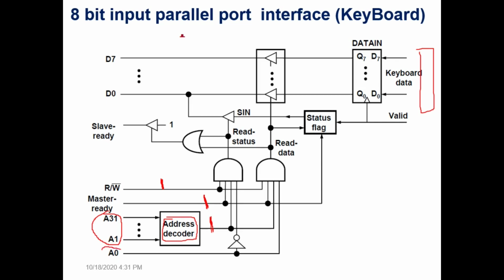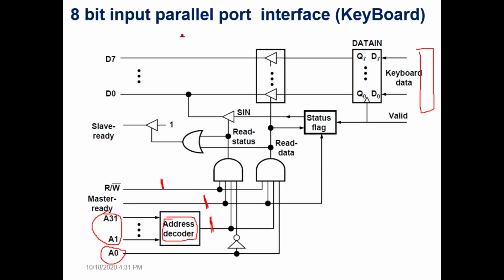Now the 1 bit in the address lines, that is A0, is used by the processor to indicate to the interface circuit whether the processor wants to read the status or read the data. So based on the A0 value, either the first AND gate's output will be 1, or the second AND gate's output will be 1. That is because the A0 input is given to the first AND gate with a NOT gate, and A0 is given directly to the second AND gate.